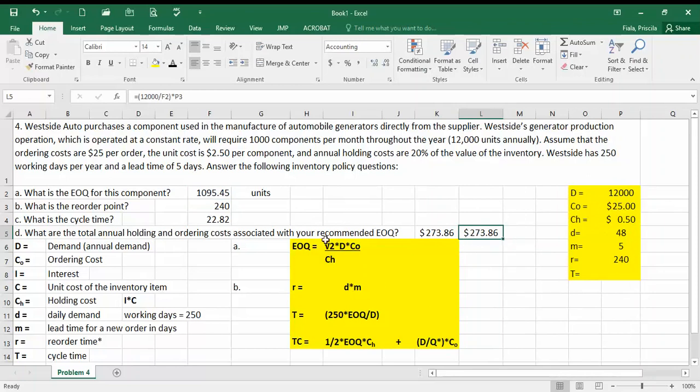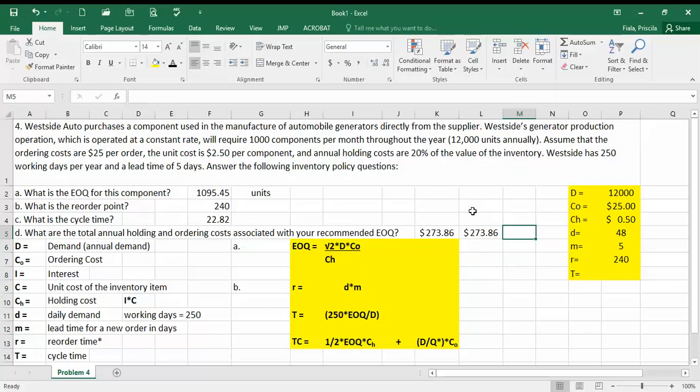Not coincidentally, it's just telling me that by my optimal EOQ point, I'm going to spend $273.86 to hold, and I'm going to spend $273.86 to order.